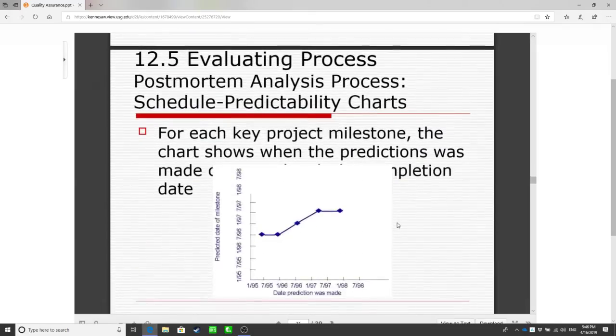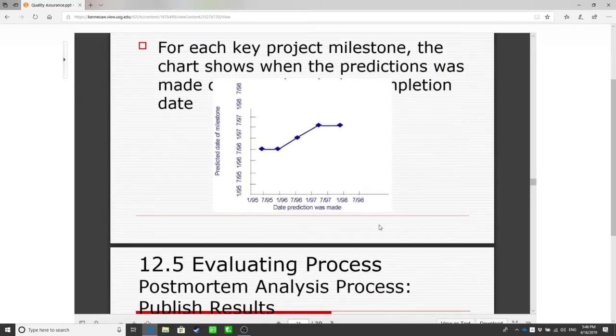Let me show you what it is. So, the schedule predictability charts here. It's a plot of the date the prediction was made and the predicted dates of the milestones. What do I mean here? Let me explain that to you.